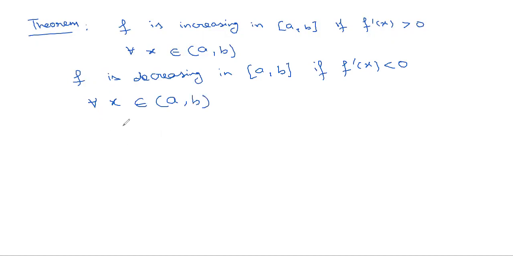Function f is constant, means it is neither increasing nor decreasing, if the derivative of the function is equal to 0 in the open interval (a, b).